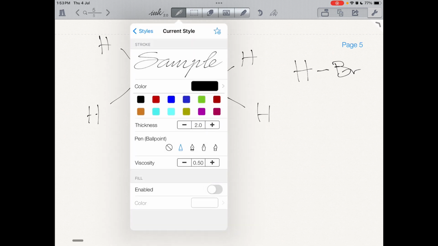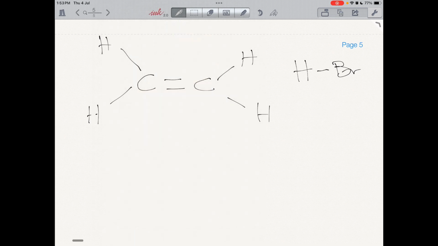This portion is electron-rich because of the double bond. You have a sigma bond and a pi bond. The sigma bond is held strongly. The pi bond is held loosely.